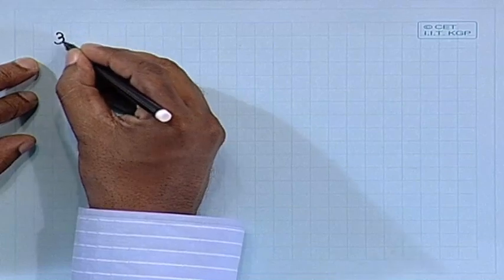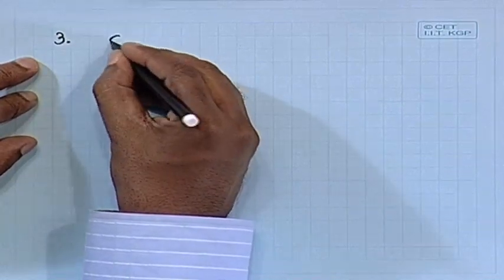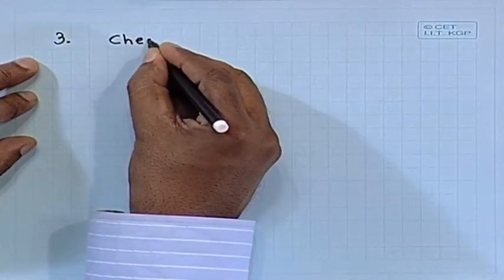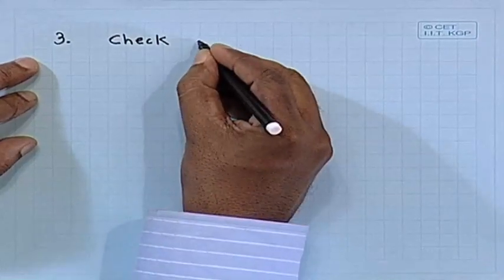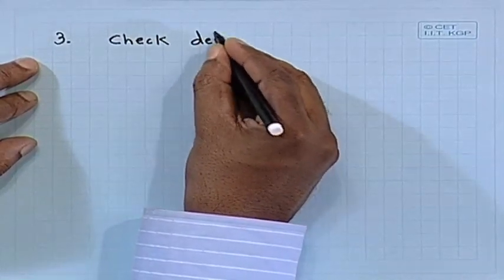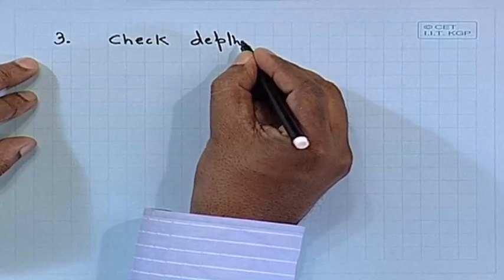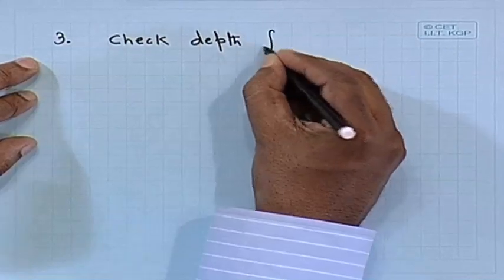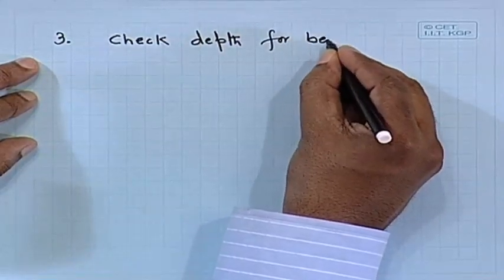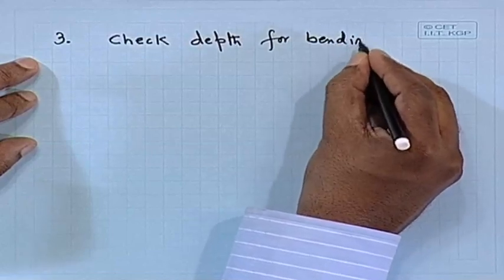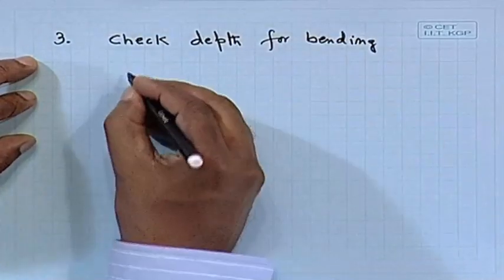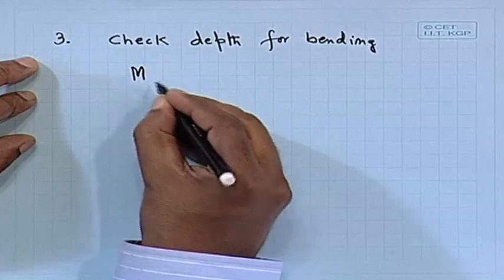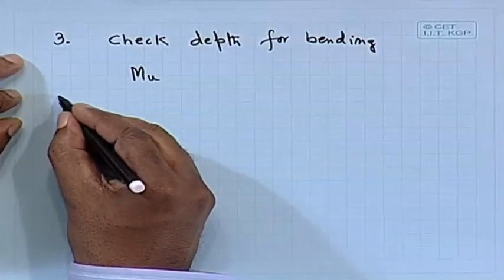Check number 3, check depth for bending. We are considering bending first. We shall use the same beam formula of a rectangular beam.